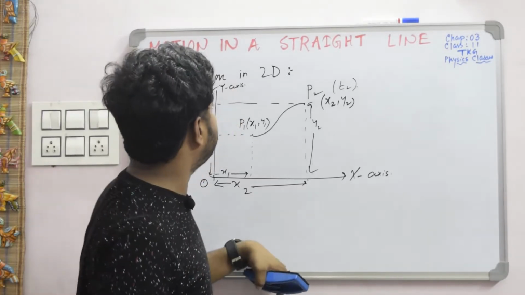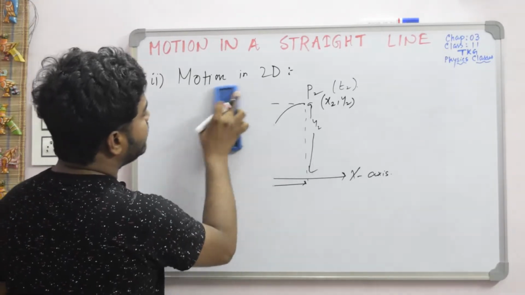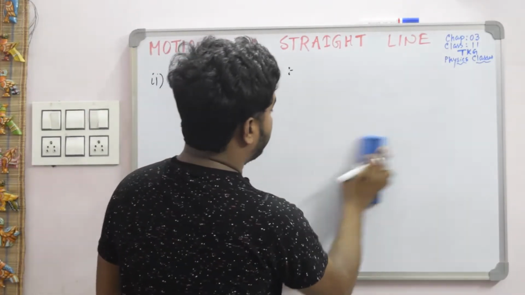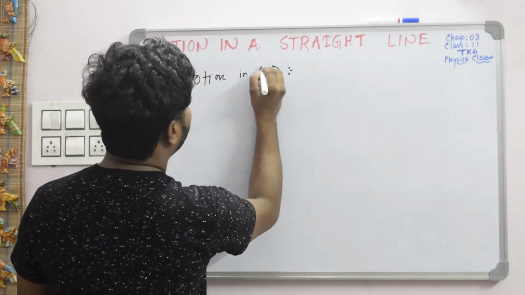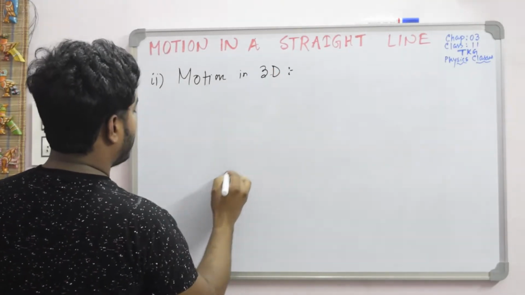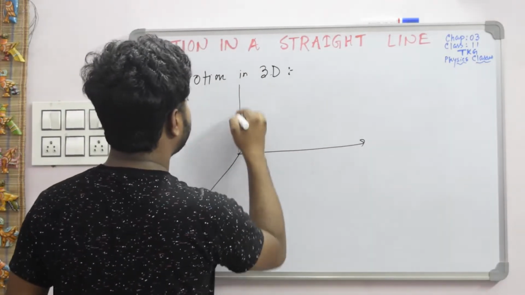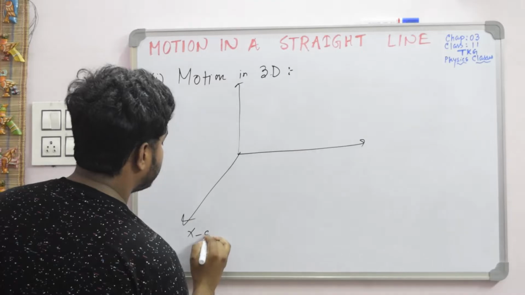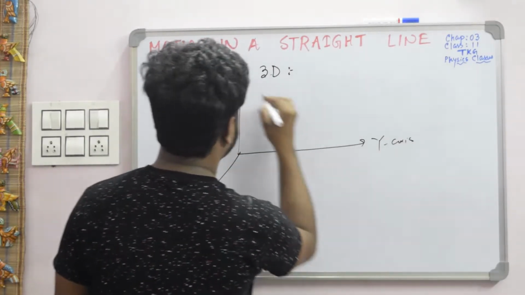Now the third case, motion in 3D. Same definition: a body is said to be in 3D motion when all three coordinates are required for specifying the position of that body. Suppose this is the x axis, y axis, and this is the z axis.